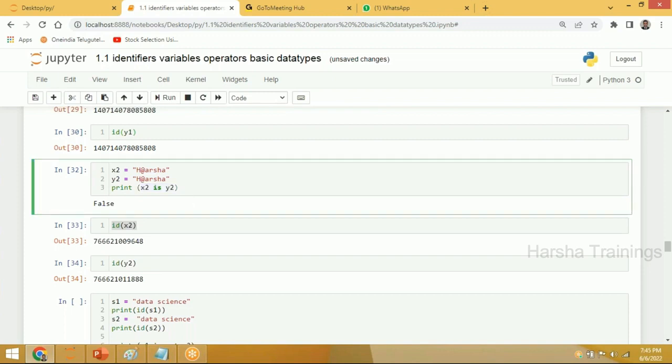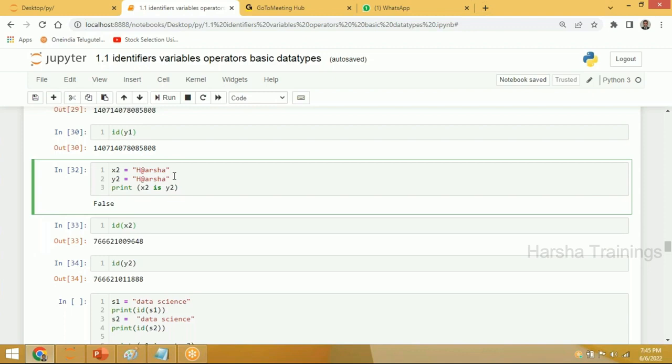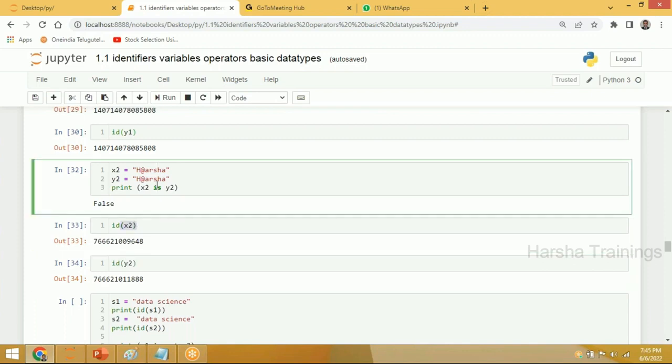Even though they have the same capital letters and same characters, strings are immutable internally. There is a logic behind it: only if the two share the same location does this operation return true.